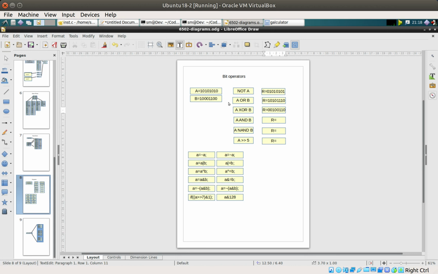Okay, and the exclusive OR is used to flip a bit. So you can take a bit from what it was to something new, because if you exclusive OR it with a 1, if it was a 1 originally, then it will turn into a 0, and if it was a 0 originally, it will turn into a 1.